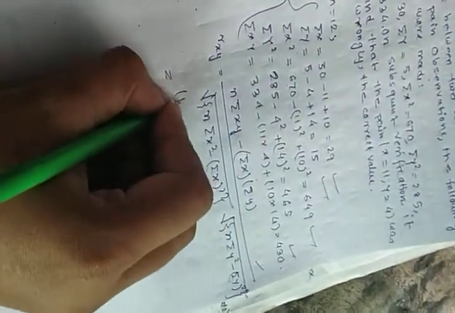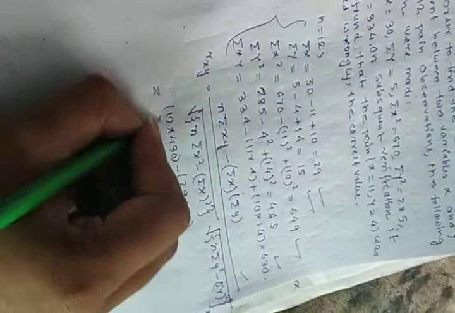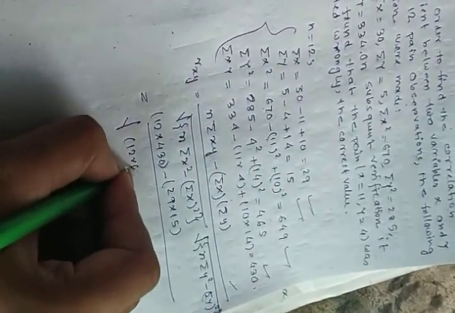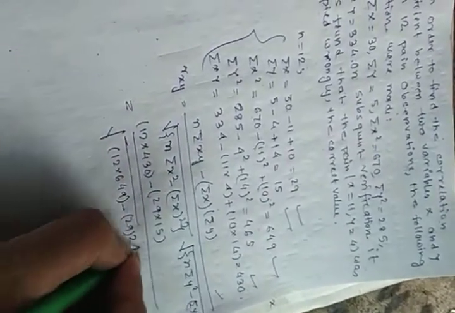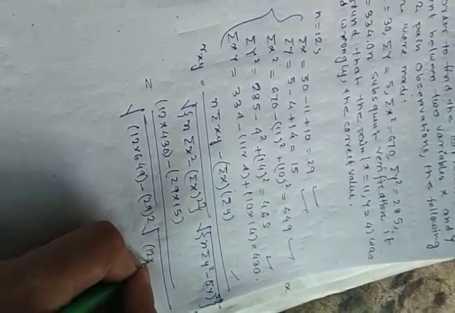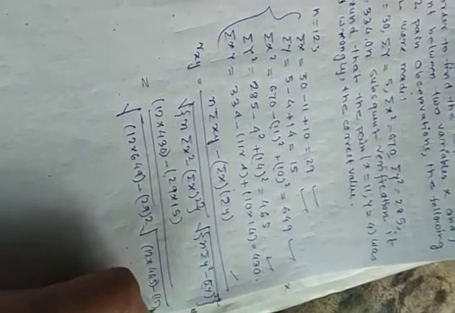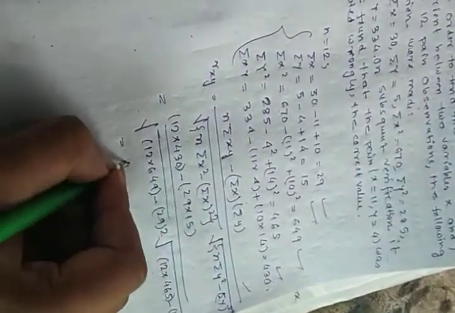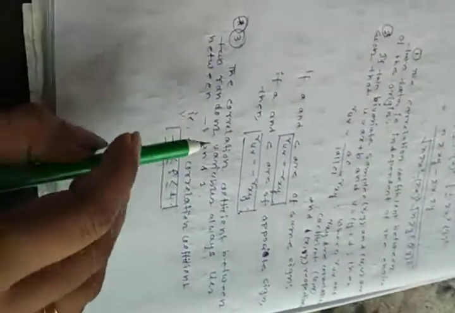So now, 12 into summation xy, which is 430, minus summation x, 29, into 15, divided by root over 12 into 649 minus 29 square, times 12 into 465 minus 15 square. After calculation its value will be approximately 0.77.